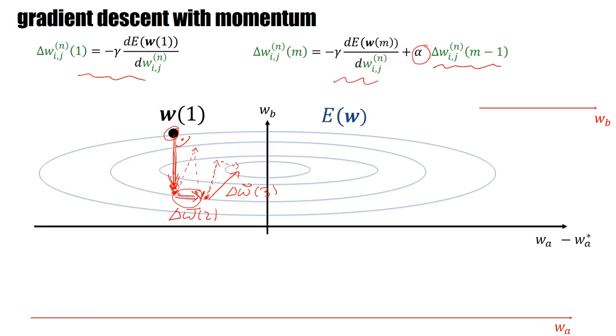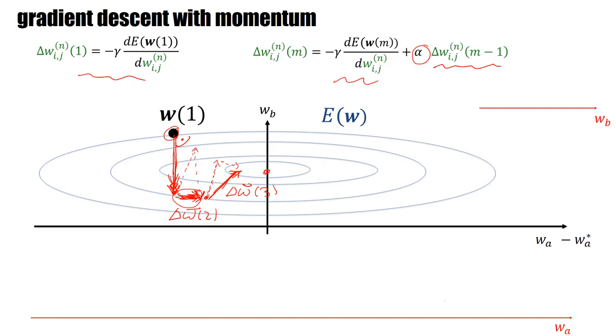And so you see that this gradient descent with momentum suppresses the oscillations. The first step is the same as before. The second step is this. The third step is this. So we go much more rapidly towards the minimum compared to the situation without momentum.